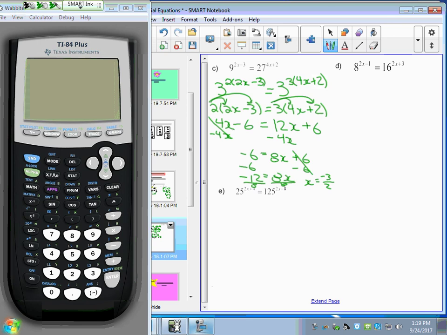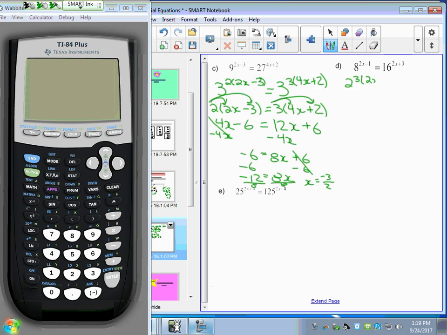All right, second one, or D. We have to write them with the same base. So try to think of a couple numbers that we could break down into, and remember your perfect squares, 2 to the power of 2, those kind of numbers are going to come in really important here. We can rewrite 8 as 2 to the power of 3.